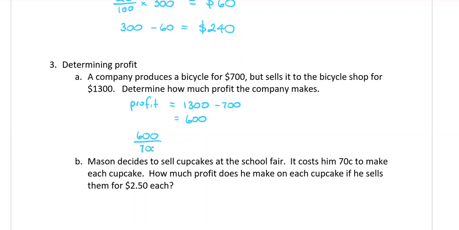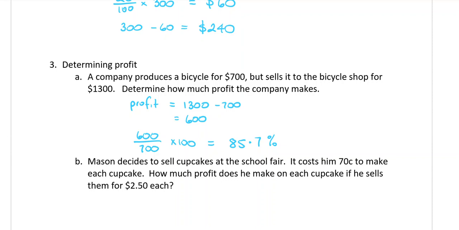So I put that over 700, and then to make it a percentage, we times by 100. So 600 out of 700, that's going to be pretty high. That's an 85.7, if I do one decimal place, percent profit. They're almost getting what it costs.